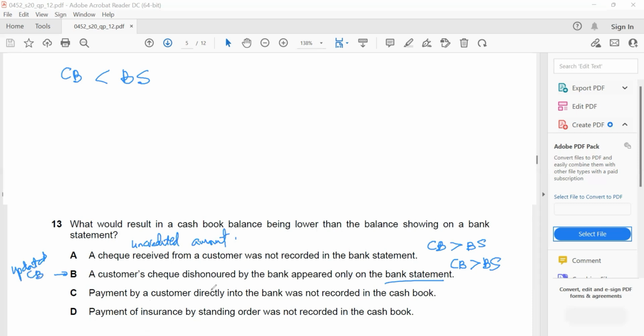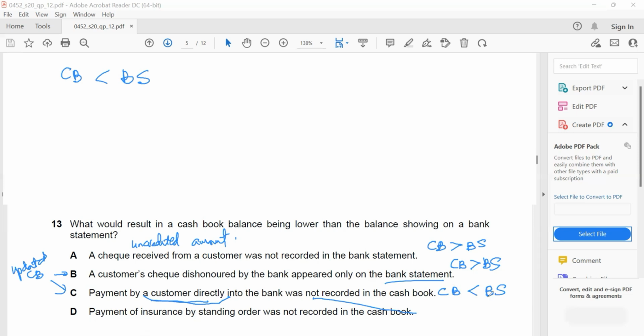Payment by a customer directly into the bank was not recorded in the cash book. So this is a customer making payment. So in this case, the cash book has less money than the bank statement because the customer made payment directly and it was not recorded in the cash book. So this one also has to update the cash book.